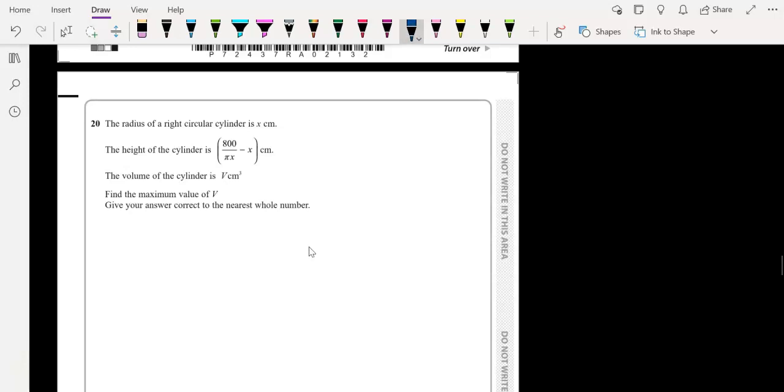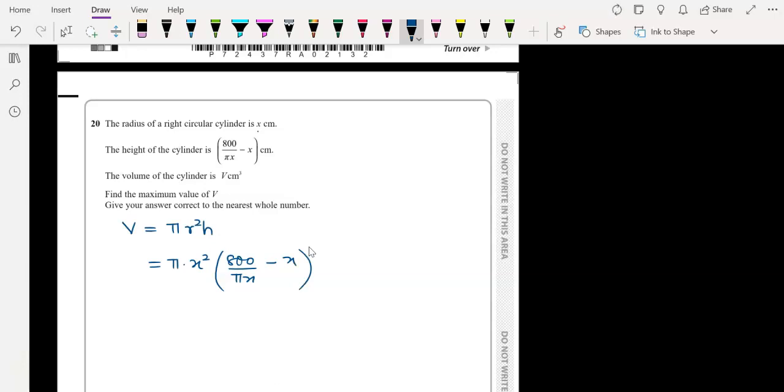So first thing is we need to find the volume. Since it is a cylinder, the formula for volume of a cylinder is pi r squared h. So pi, radius is given to us, it is x, so it will become x squared, and height is 800 over pi x minus x.